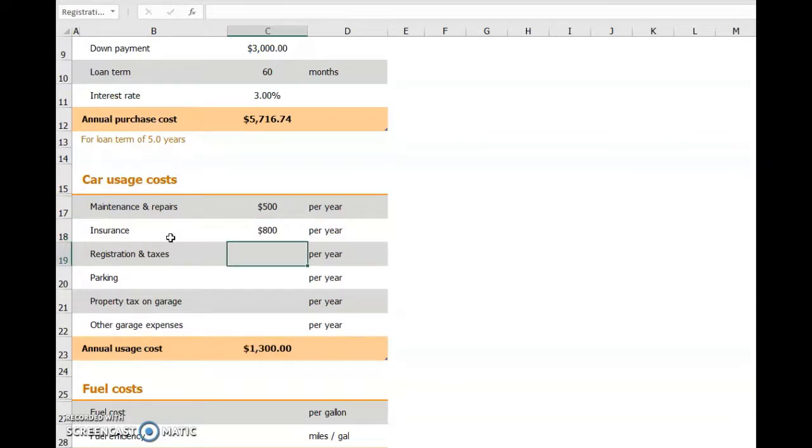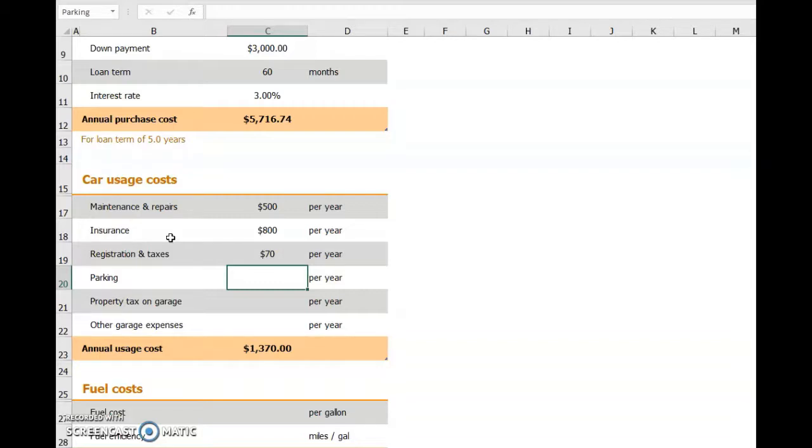Registration and taxes, again, depending on where you live, let's just say $70 per year. If you have to pay to garage your car, maybe you live in a big city and you can park on the street, but it's pretty hard, and you actually have to pay for it to be garaged.